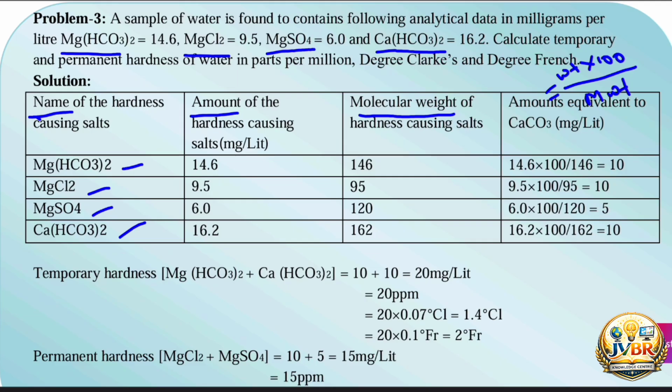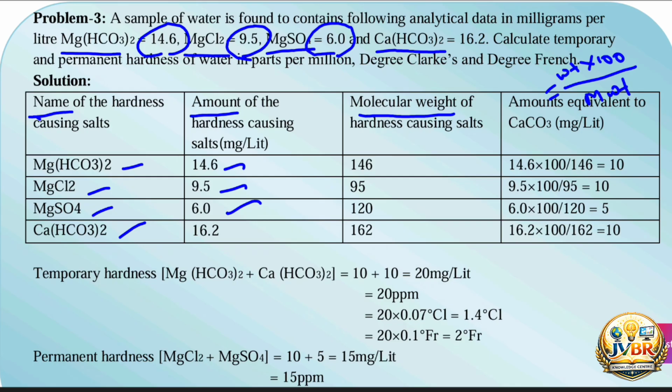And weights of the salt: magnesium bicarbonate 14.6, magnesium chloride 9.5, magnesium sulfate 6, calcium bicarbonate 16.2. Now write the molecular weights of the given salts: 146 is magnesium bicarbonate molecular weight, magnesium chloride 95, magnesium sulfate 120, calcium bicarbonate 162. Now substitute all these values in the formula.